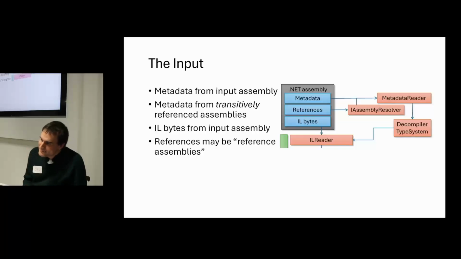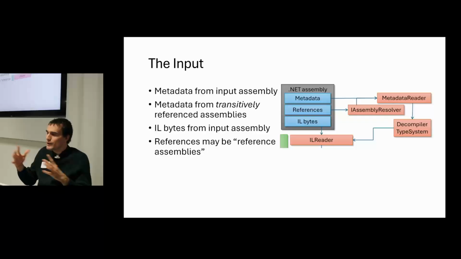So what's actually the input of the decompiler? At its core, it's basically a .NET assembly, and what's in a .NET assembly? There is metadata. Then there is more metadata from referenced assemblies, and there are the IL bytes. And the references may be reference assemblies.